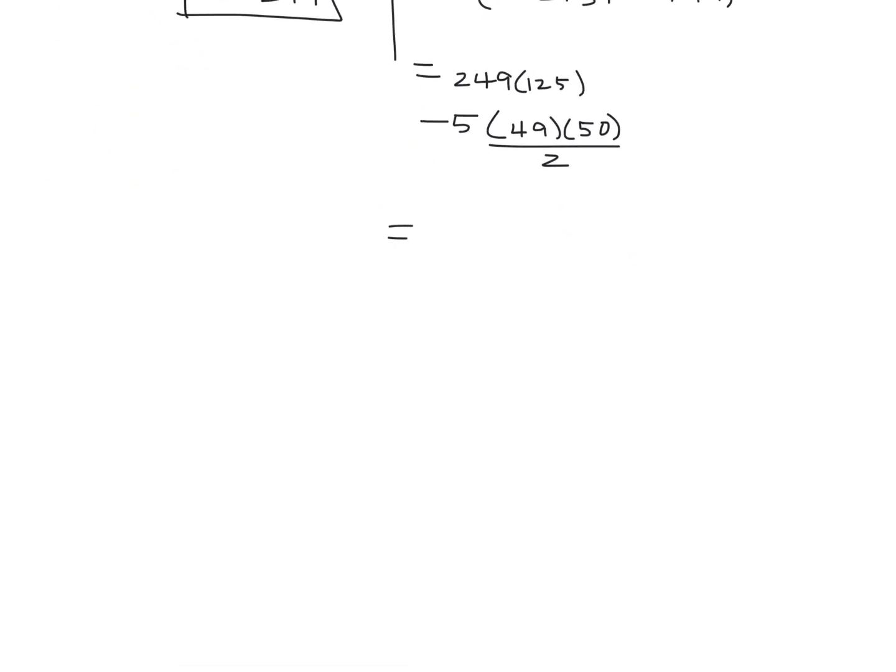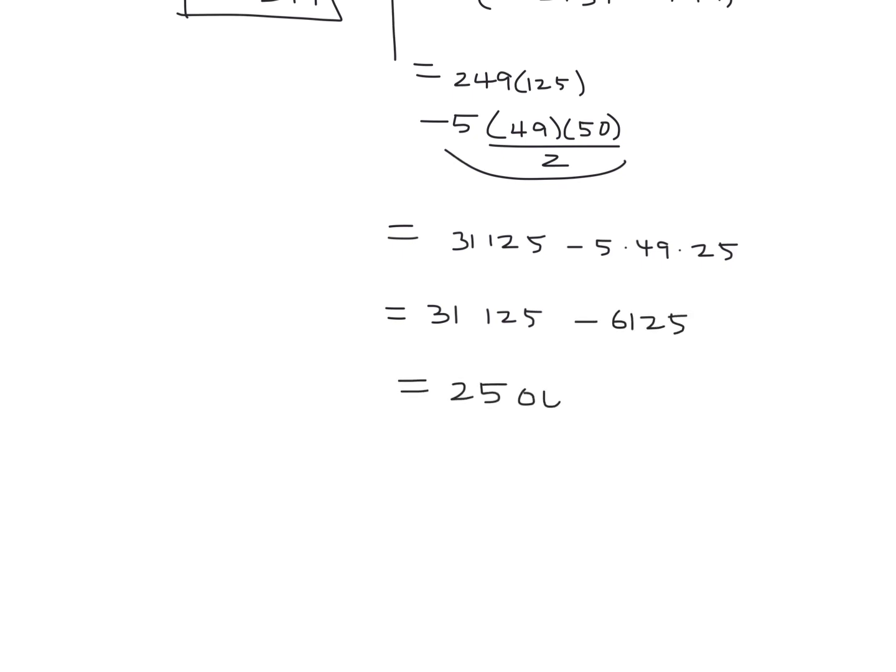Moving right along, 249 times 125, I believe, is 31125. And this whole guy, 5 times 49 times 25. So that's 31125 minus 6125. And that is 25000. Okay, very nice even number. And that pretty much completes number 3.